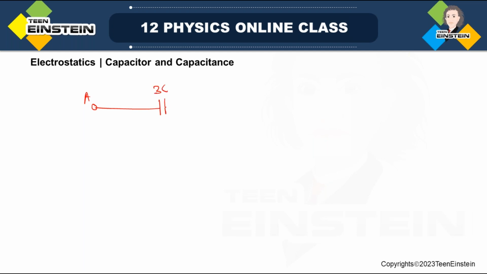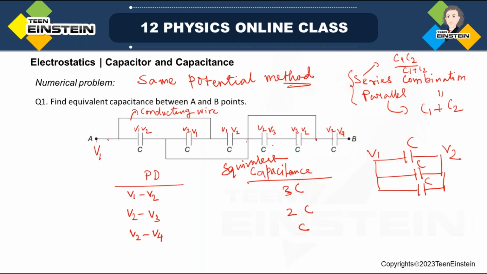Some 3C equivalent capacitance. So they have, say, V1, V2 here, right? Then we have V2, V3 and V2, V4.